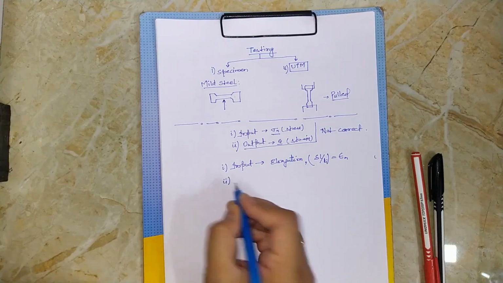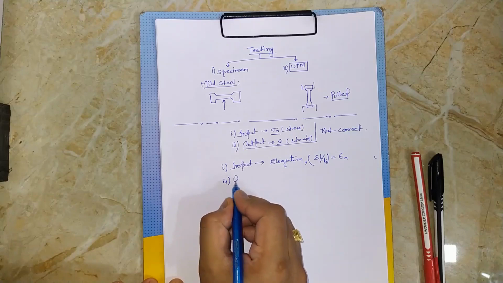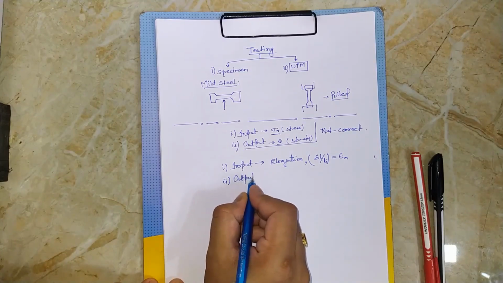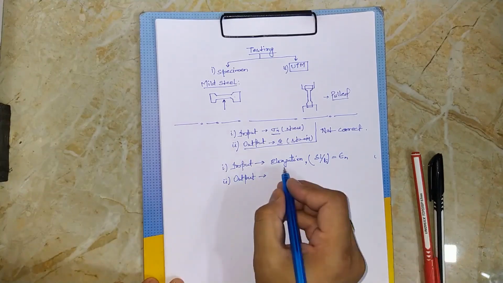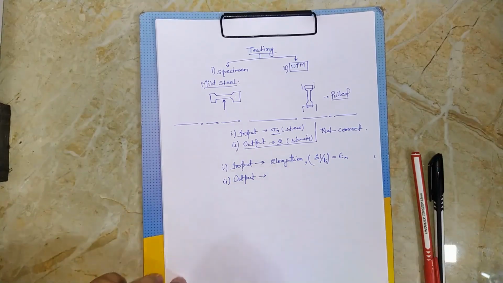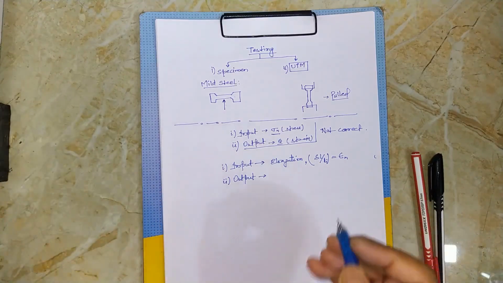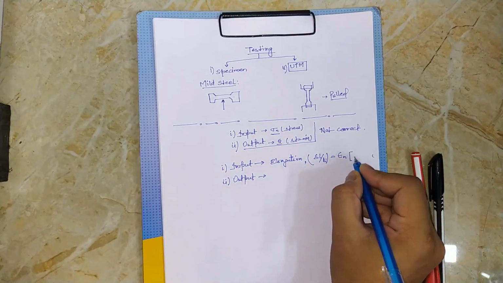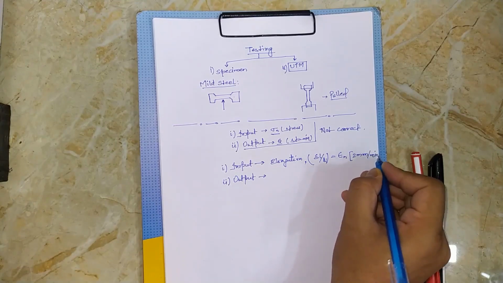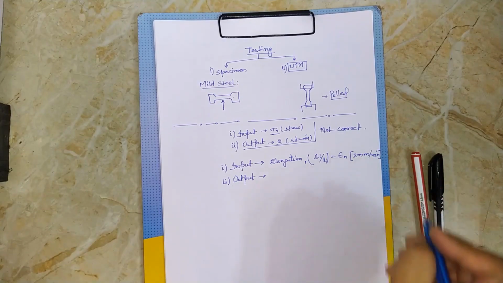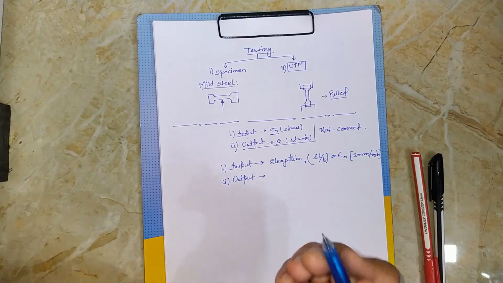Whenever we draw a graph, we draw between the input and output. So the input here is elongation. The UTM is pulling the material, let us suppose at 2 mm per minute. This is the input that is constantly being given to the specimen.